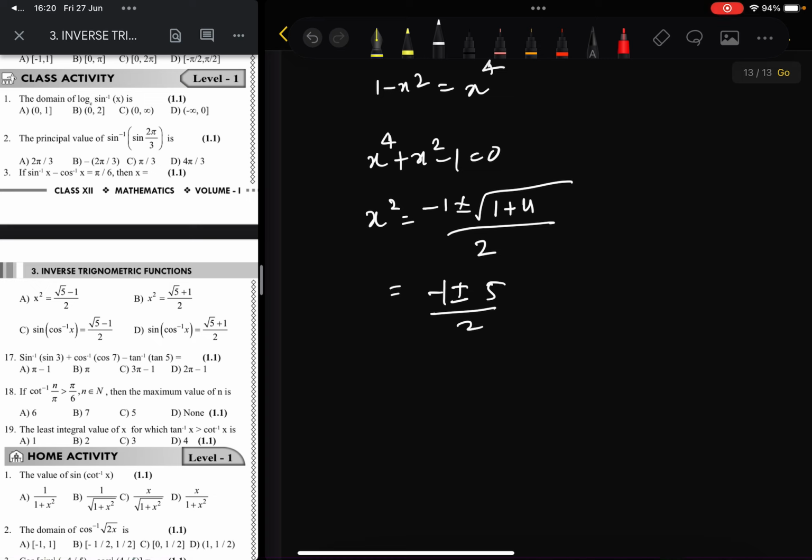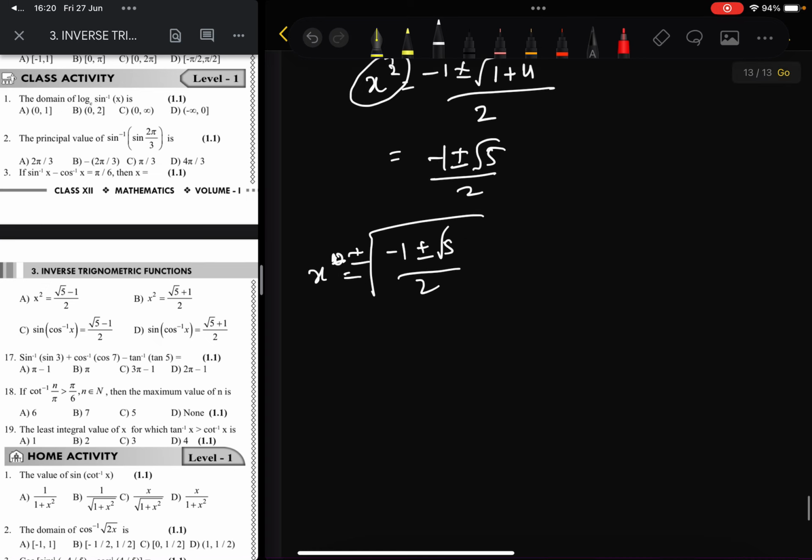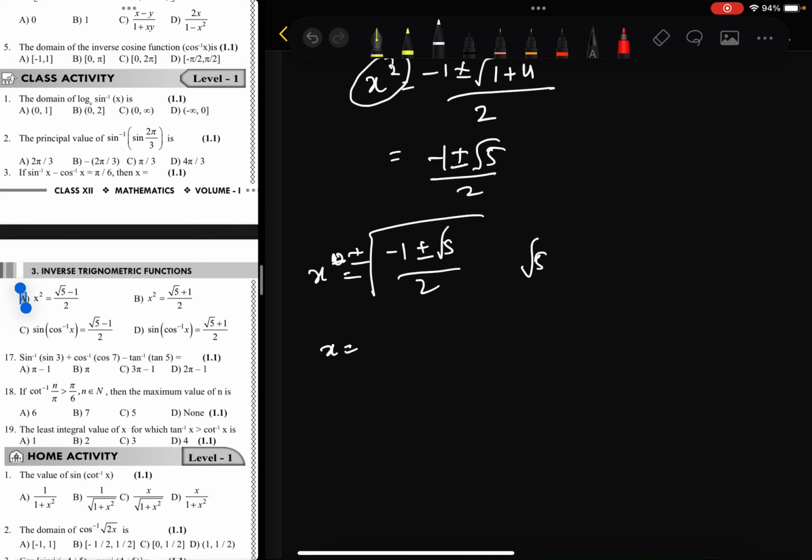So only the positive solution will be applicable, because here we need to find the root also. This is x square. x is equal to plus minus this one. So this first option is correct. As you can see, we are getting root 5 minus 1 divided by 2. Right.